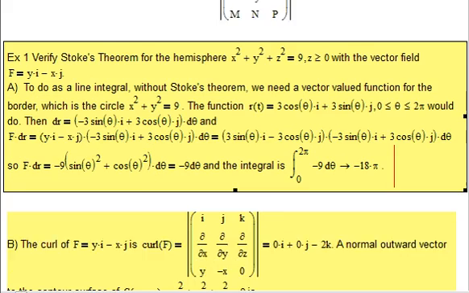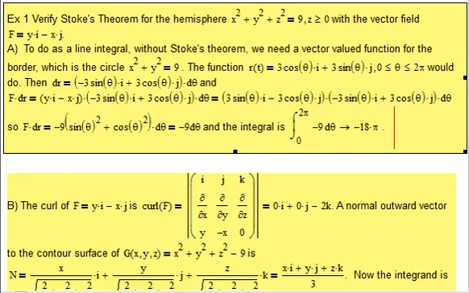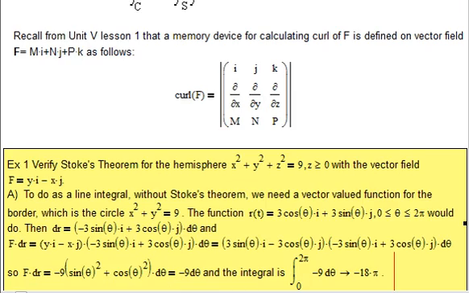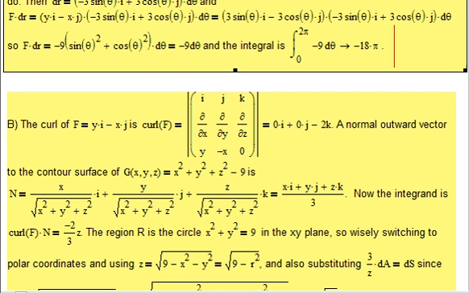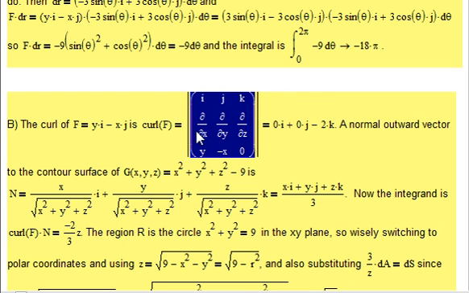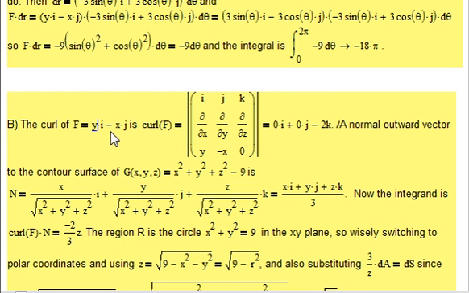Now we can do it as a surface integral using the curl of f. Remember, this is how we're going to do this time. So curl of f: i, j, k across the top, our M is here, our N is here, and so it'll be i times this partial, which is 0, minus this partial.